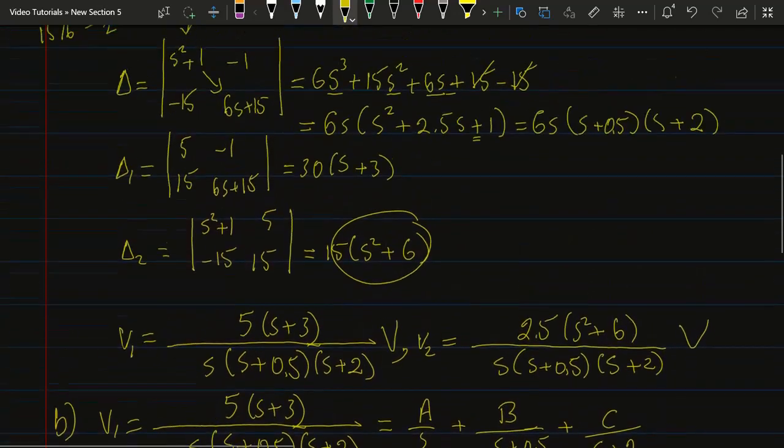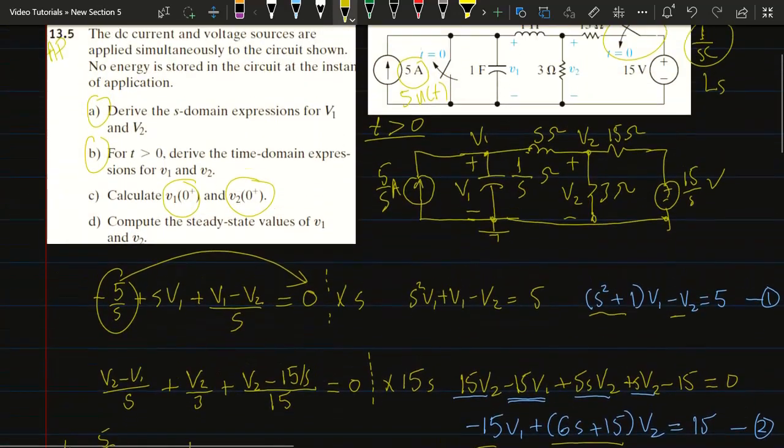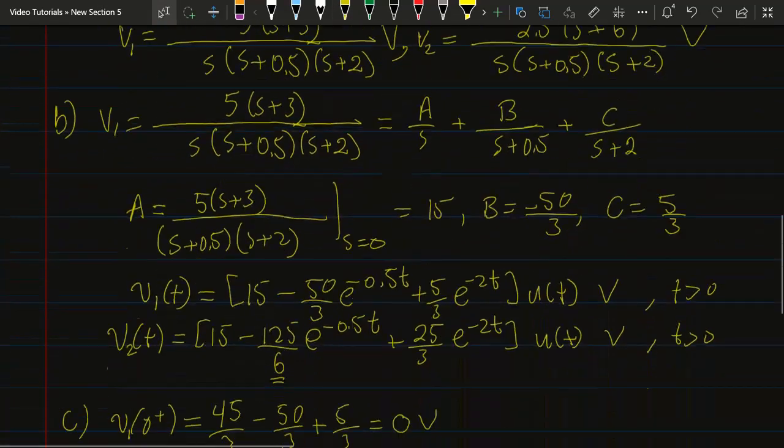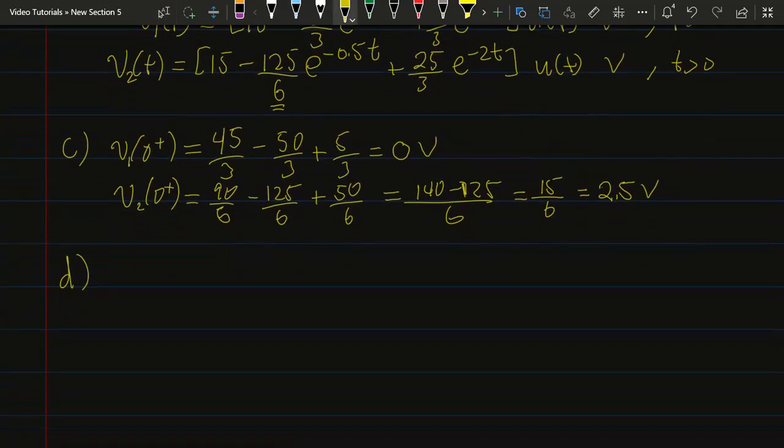Finally, in part D, you want to calculate the steady state values. The steady state values are simply the values of the voltages at infinity.